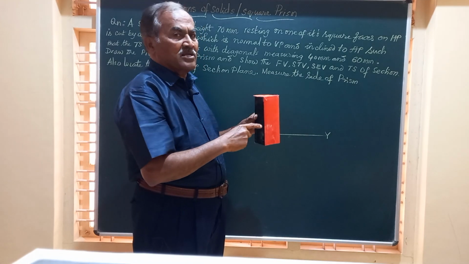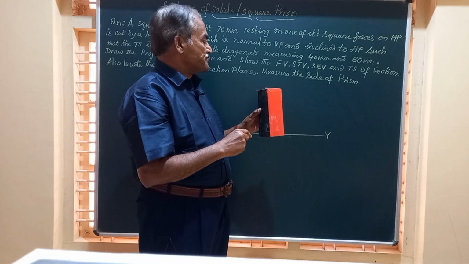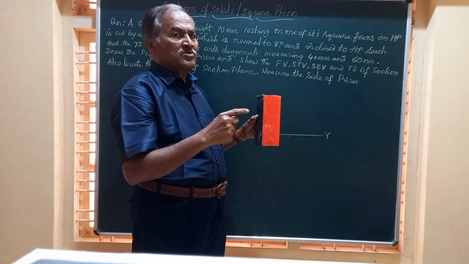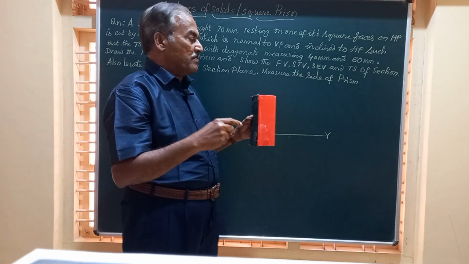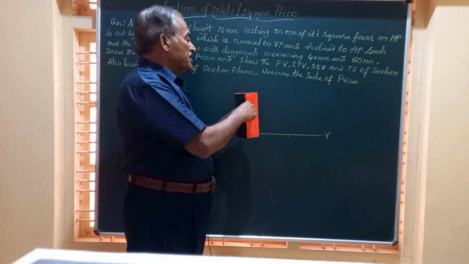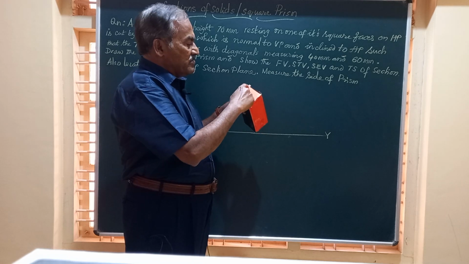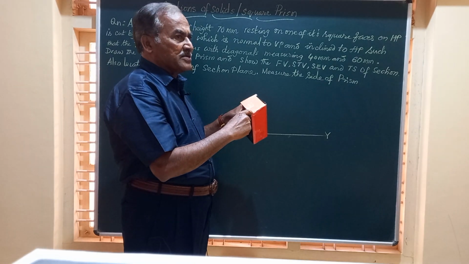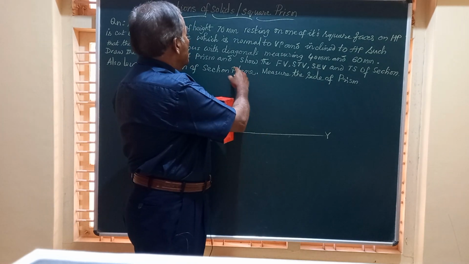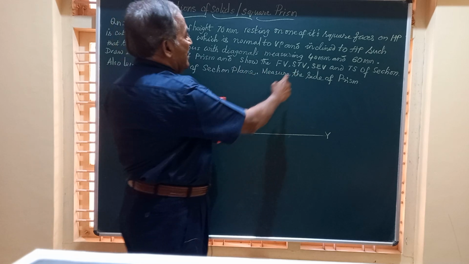this diagonal of the prism is seen in its true form in the front view, top view and also in the true shape. So whatever the dimension you have got here is the dimension which is shown here as 40.